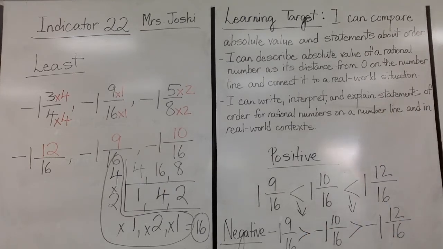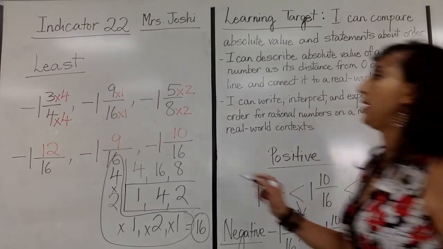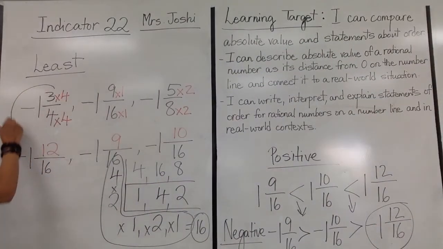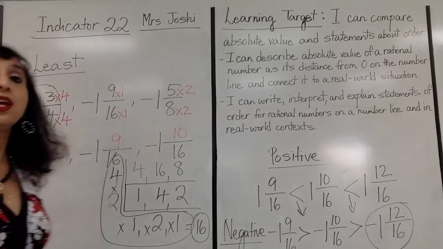So guess what? Which one is the smallest? It is going to be your negative 1 and 12/16. So this is going to be my smallest because this is greater than this is greater than this is the smallest number. So my smallest number would be negative 1 and 3/4, and that would be my final answer.